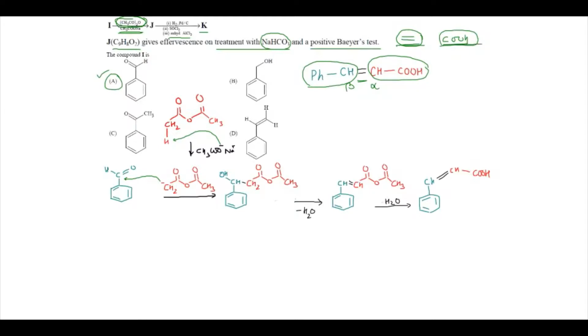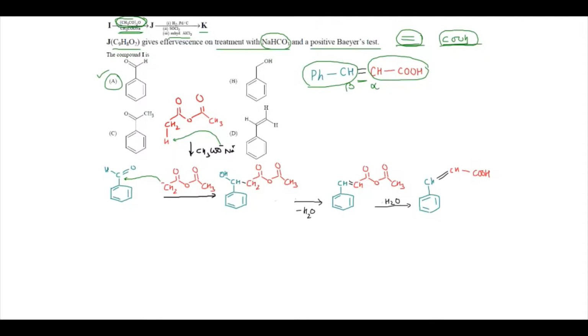Perkin reaction is a reaction between acetic anhydride and an aldehyde. So, in option A we only have the aldehyde, and it will react in presence of sodium acetate and acetic anhydride to give the product J.